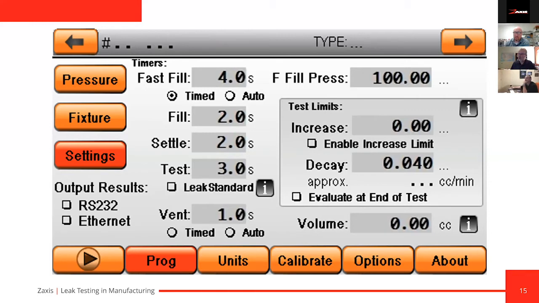Before I move on, I noticed that Mike has asked, what's the lowest leak rate that is detectable? It kind of depends on the product and the size. Typically, your question specifically is what is the lowest air leak test as opposed to tracer gas?